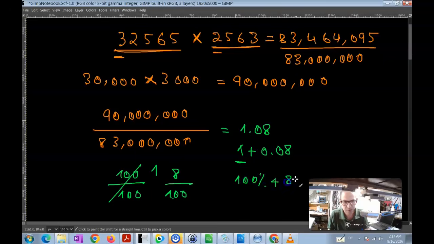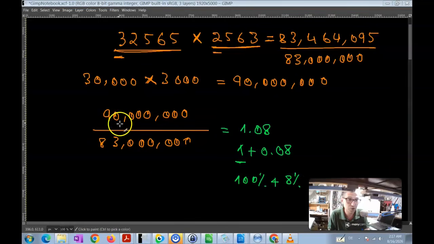What this means is that this happens because the number in the numerator happened to be larger than the number in the denominator. That was 90 million, that was 83 million.